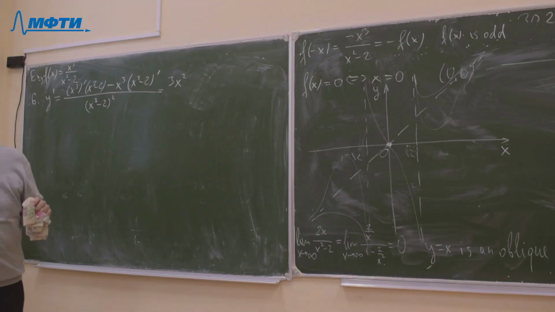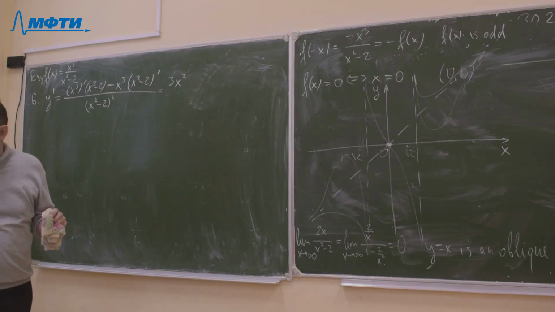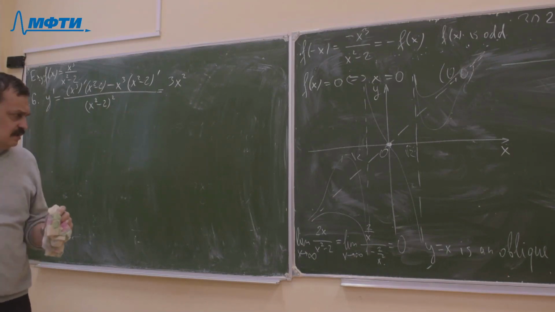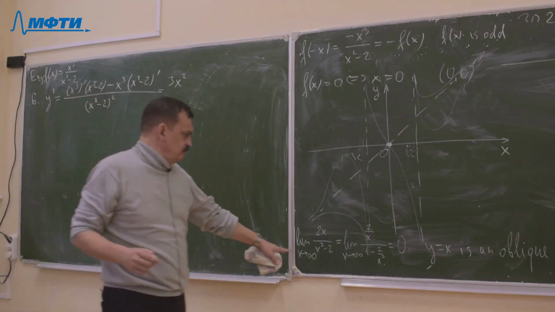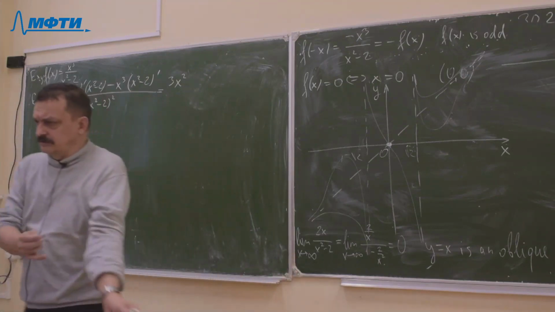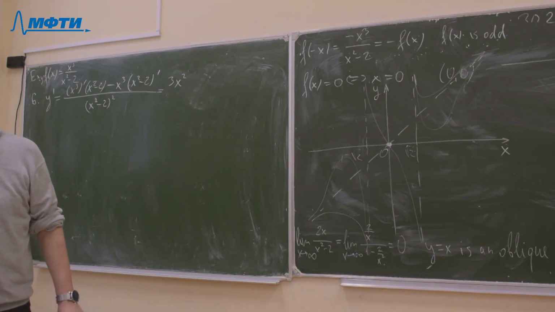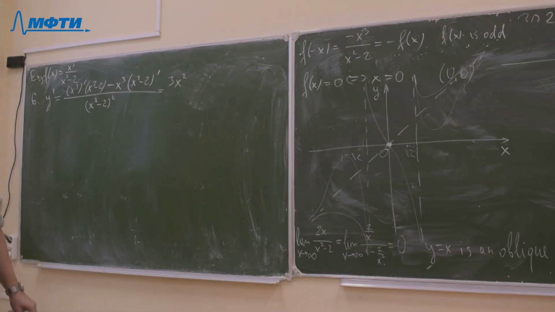I can only do the sign for positive x. Yeah, of course, there was a question. Let's explain the last line once again. The last line about the oblique asymptote. There is a question about the computations.